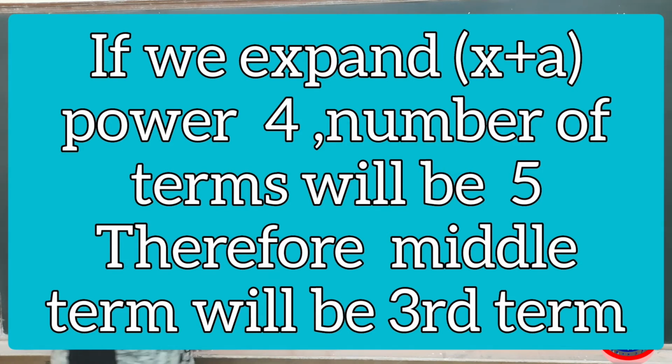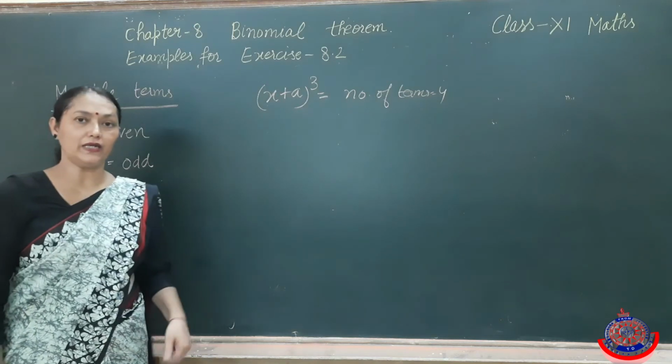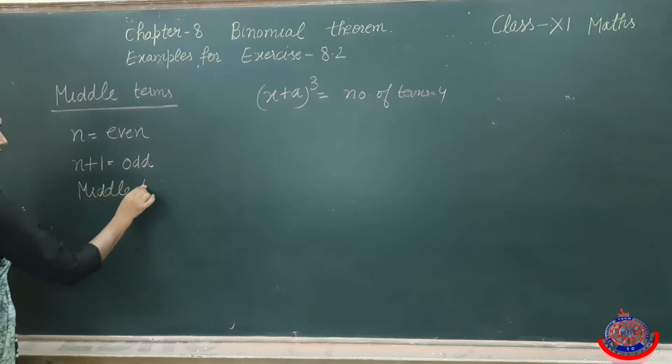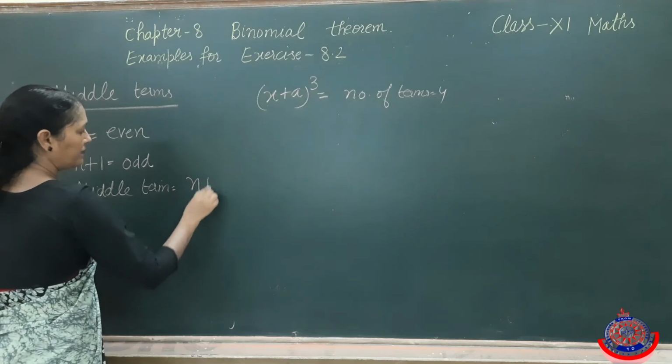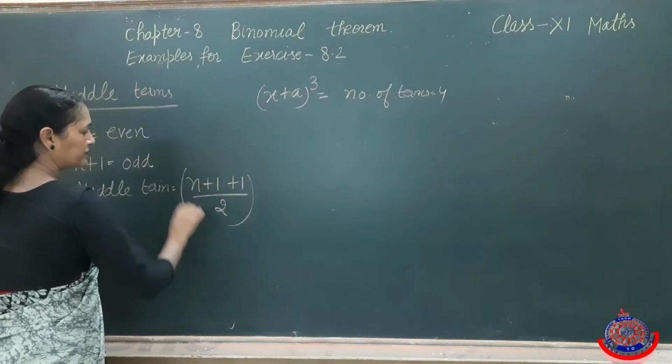So we always get one term more than the power. If the power is 3, the number of terms would be 4. So if n is even, the middle term would be the n plus 1 upon 2th term.